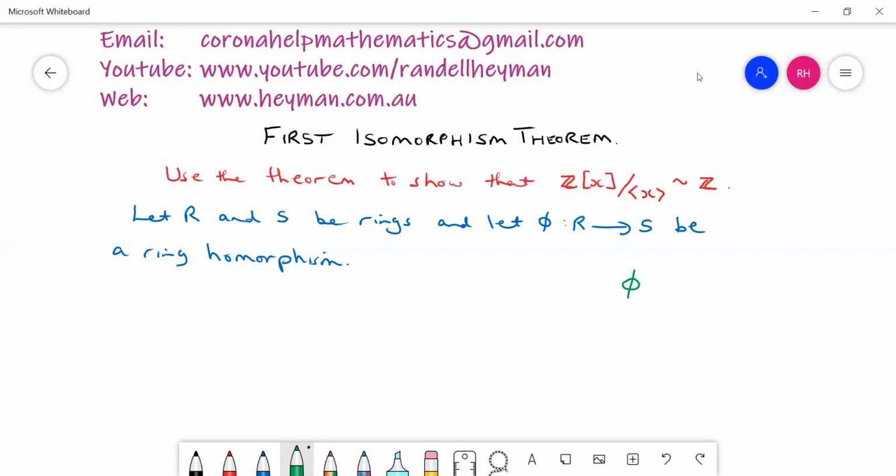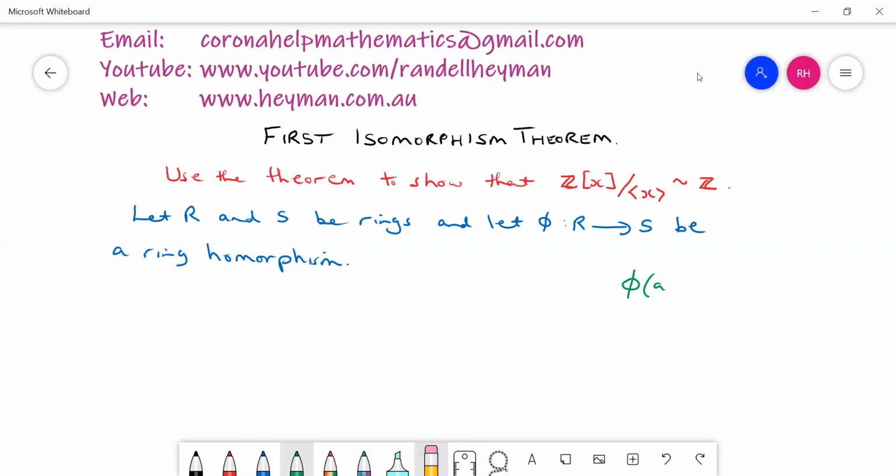So have a look if you want to see more about this. I think I might have done group homomorphisms, but it was rings actually. Okay, we're going from R to S.